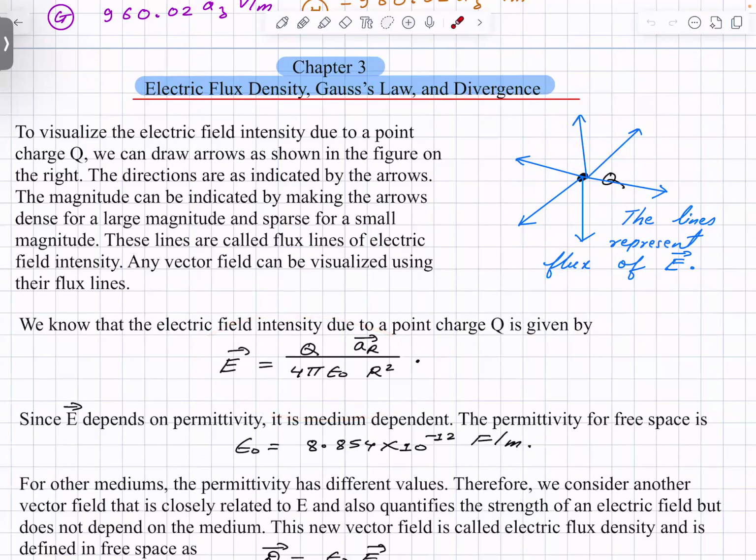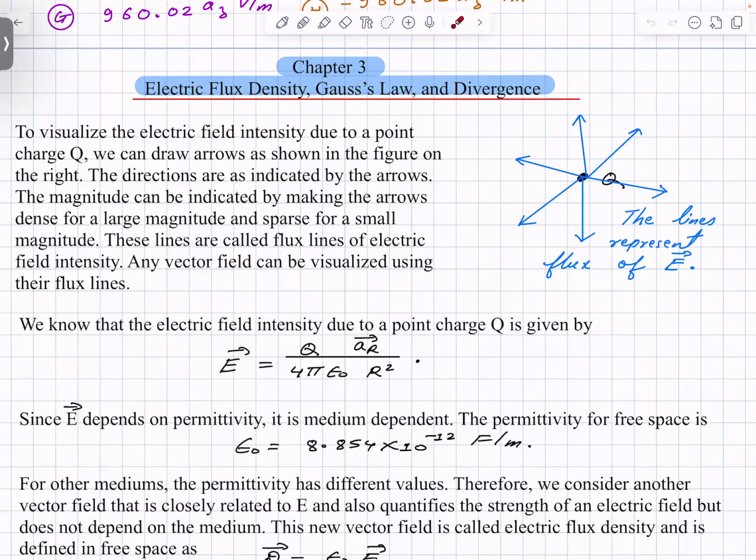Right here, we see that there is this term permittivity, and this term is medium dependent. We've been talking about just free space so far. We haven't talked about any other material. But if we change the medium in which the charge is located, the electric field intensity is going to be different.